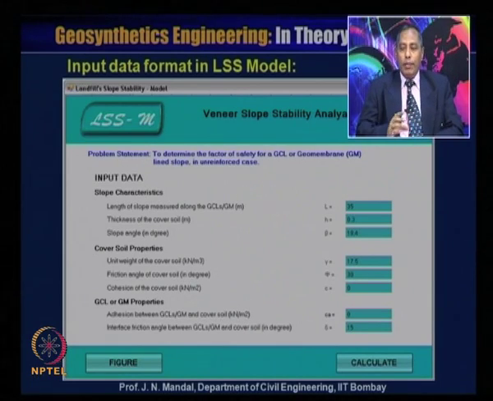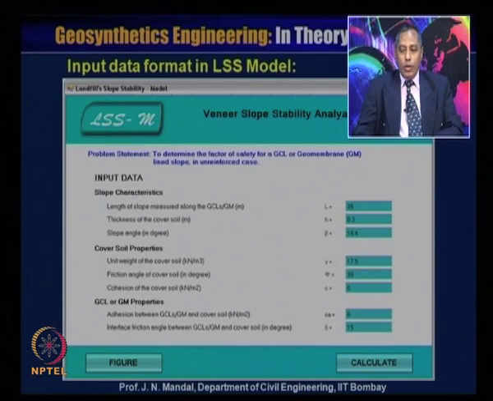Now, cover soil has its own properties. So, cover soil properties are given: unit weight of cover soil, that is gamma, is 17.5 kilonewton per meter cube, frictional angle of cover soil phi is equal to 30 degree, and cohesion of the cover soil, that is C, is equal to 0. Apart from this, you have to provide the properties of the geosynthetic clay liner and the geomembrane.